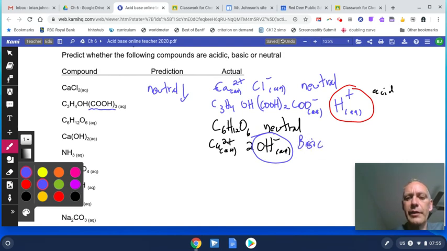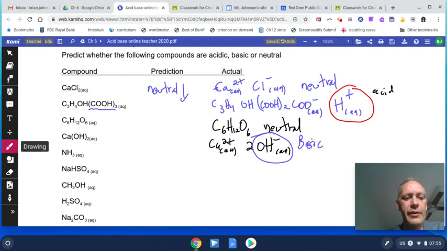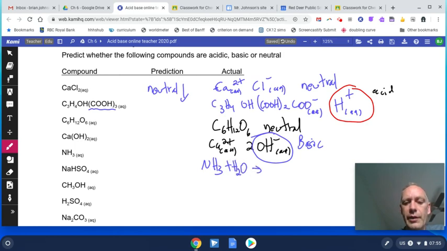I'm circling the bases in blue and the acids in red. Okay, NH3. NH3 is a molecule that stays together. But what NH3 will do is it actually attacks water. It'll react with water to make NH4 plus and OH minus.